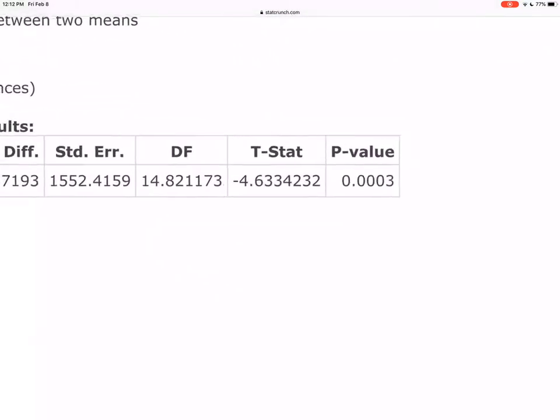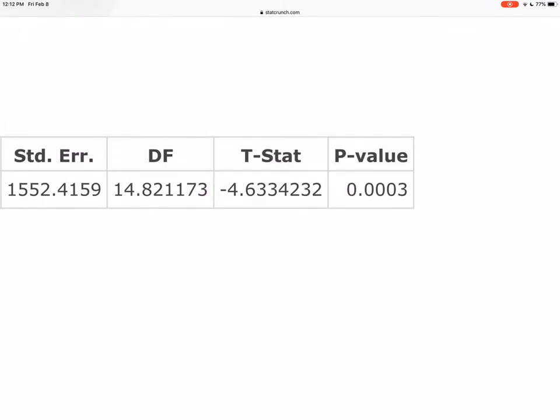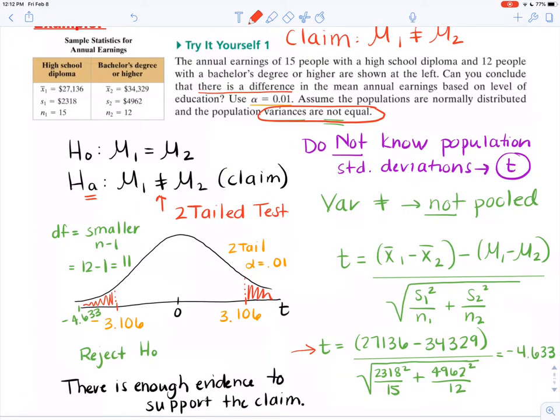And again, what I'm looking for is that T-stat, negative 4.633, which is the same thing that I got right here when I calculated my standardized test statistic using the formula for when the population variances are not equal.